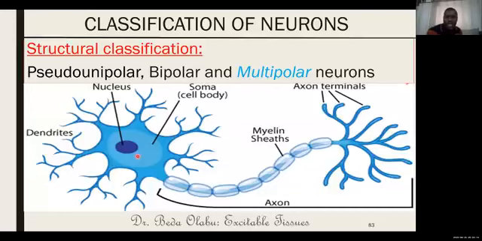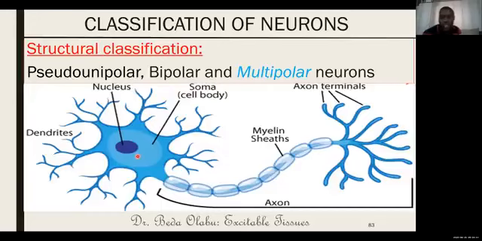Motor neurons are neurons which supply effectors, neurons that arise from the central nervous system and go to effectors. Effectors being either muscles or glands. So neurons which come all the way from the central nervous system and transmit signals from the CNS to effectors, which are either muscles or glands, are considered motor neurons. These motor neurons are multipolar.